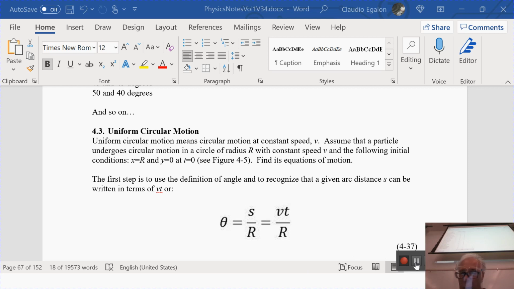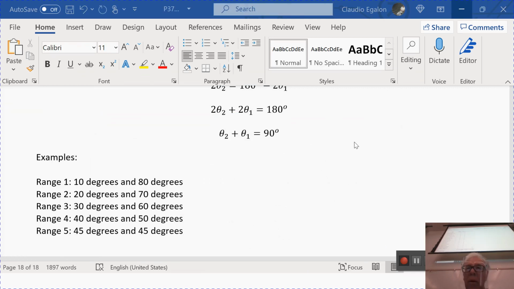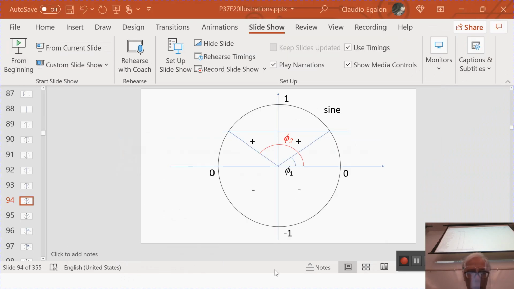Now, what's going on here? Interesting. Why is it not showing? Huh. You're supposed to show the things here at the bottom. I don't know why it's not showing.